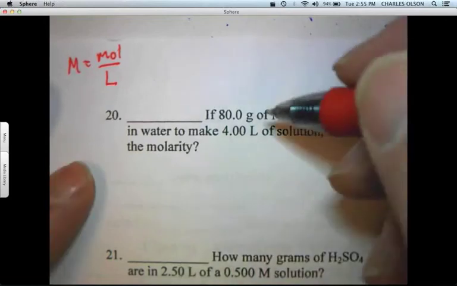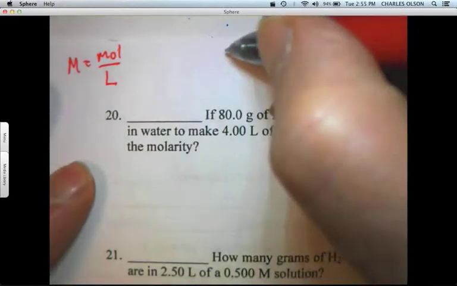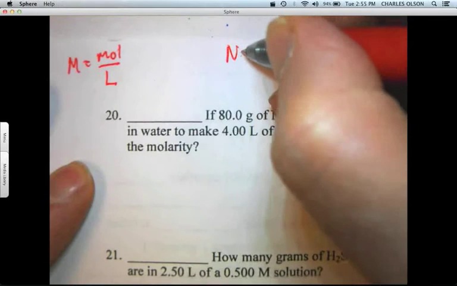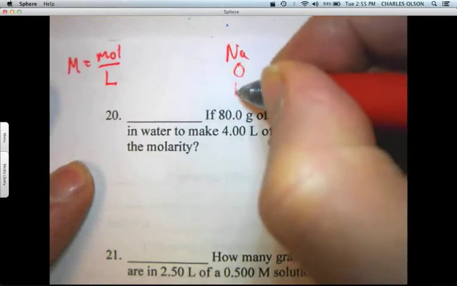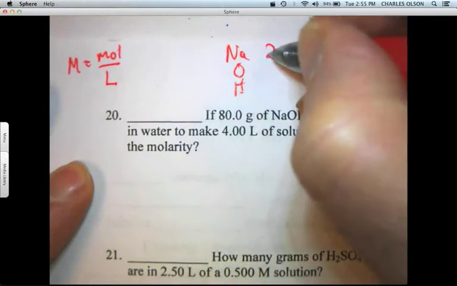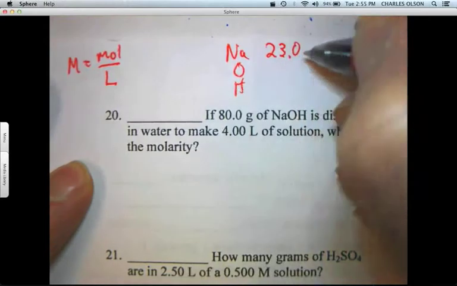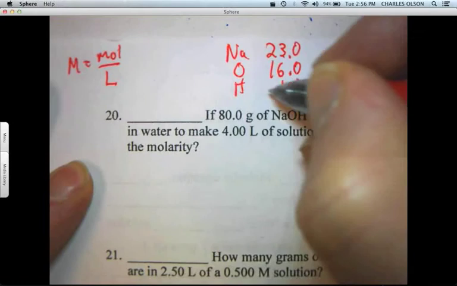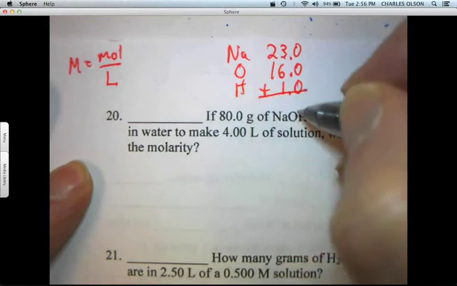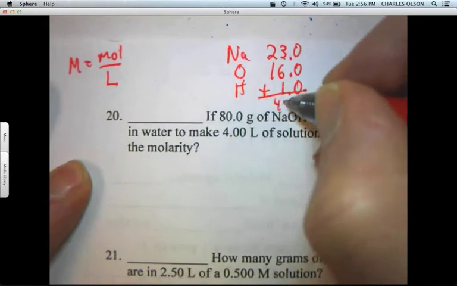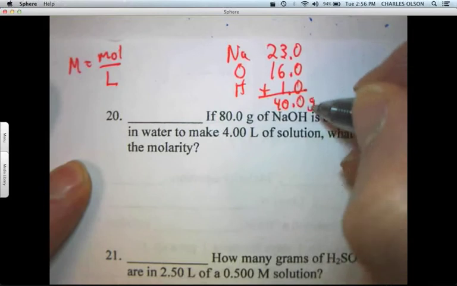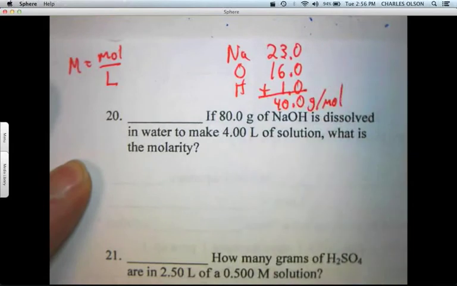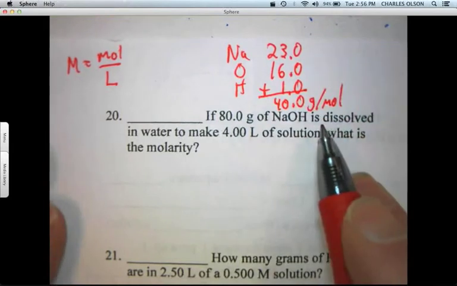So, what do we have here? We've got NaOH. From our periodic table, 23.0, 16.0, 1.0 grams per mole added up, and we get 40.0 grams per mole is the molar mass of sodium hydroxide.